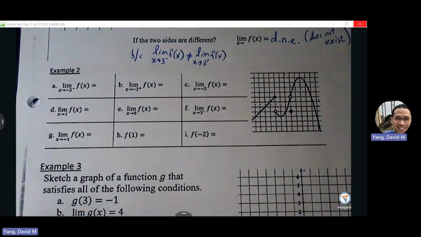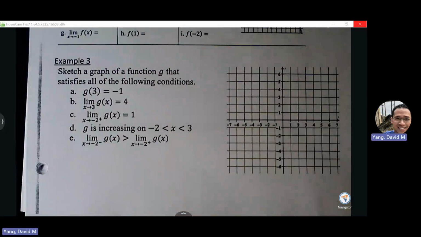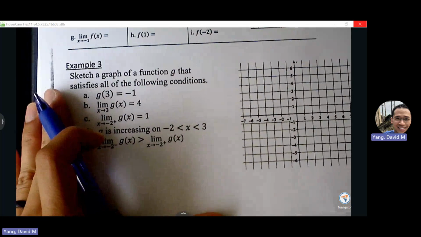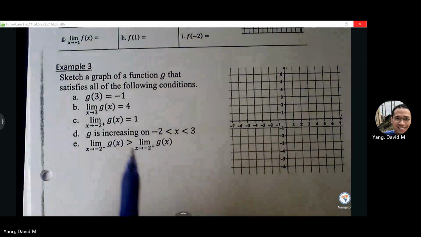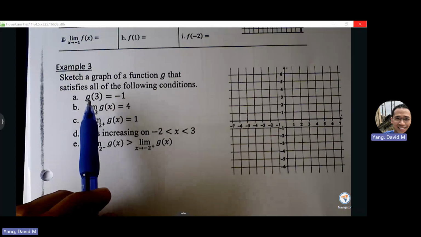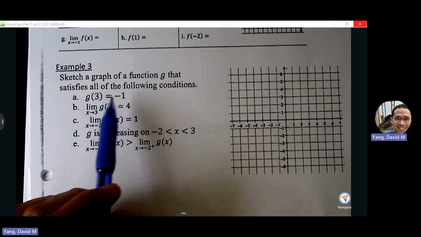Just understand that if we're sketching a graph, everyone may have something a little different, and it could be fine, but I do want to point out some things to keep in mind as you are building your graph. I like to start with the easiest information. So anything that's an ordered pair has nothing to do with graphs or behavior around it, so I like to just knock those out.